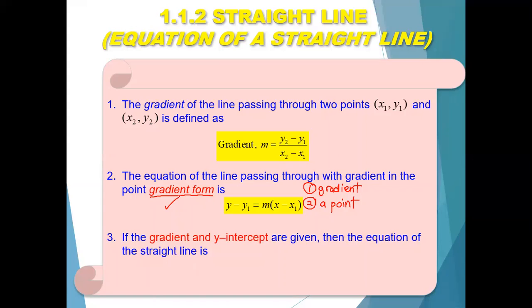So you can use the equation of a straight line, which is y is equal to mx plus c. Kalau you tahu gradient, bila nak guna? Bila you tahu satu gradient, satu lagi adalah y-intercept.